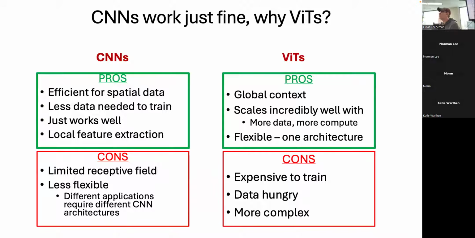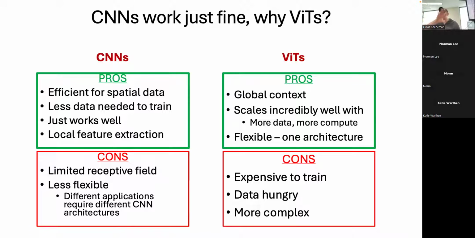Okay, but convolutional networks are really good on images, like really good. Like we can see pretty well with CNNs. So why do we need vision transformers? Well, let's look at the pros and cons before we dive into vision transformers. So the pros of convolutional neural networks is that they're really efficient for spatial data, right?